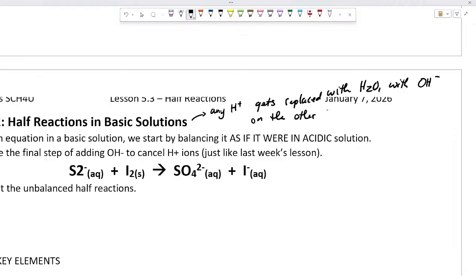Other than that, it's the exact same process, right? But in basic solution, H plus won't stick around. So you just say, oh, that H plus is actually going to be an H2O. But for that to happen on the other side of the reaction, there must be an OH minus. Does that make sense? Is that cool? We're comfortable with that? Okay.